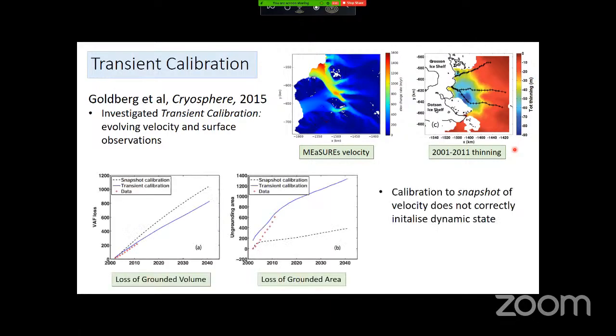So the result of this study was that calibration of an ice sheet model to a snapshot of velocity alone definitely does not correctly initialize the dynamic state. Transient calibration might, but I think more work is necessary to determine if that is truly giving us better calibrations that optimize forecasts. But it seems like it might be in the right direction.